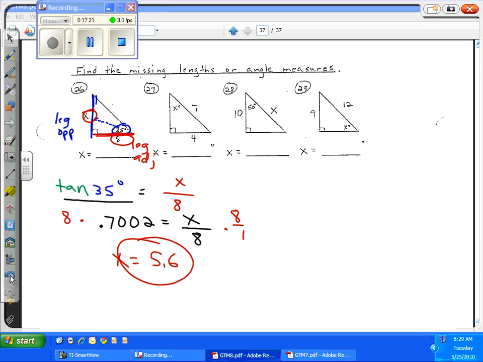Any questions on number 26? Okay. Number 27.